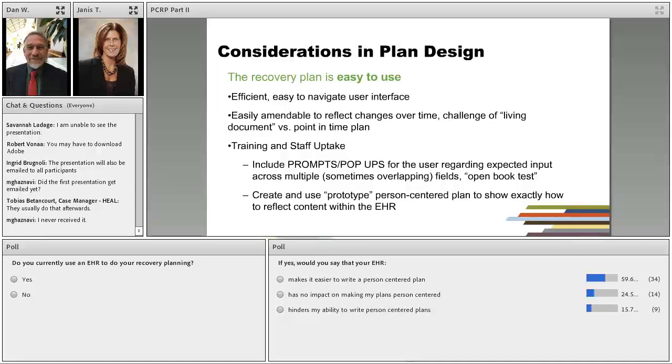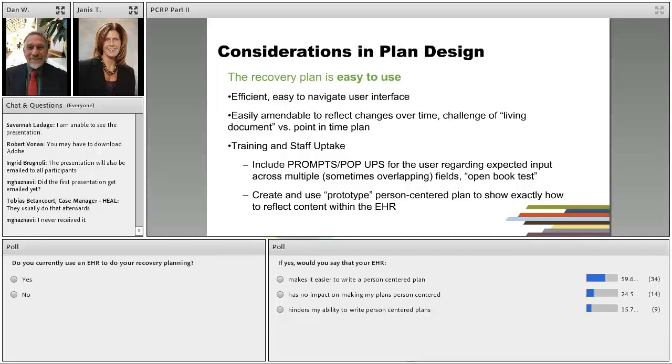So the other thing, and some of this may seem obvious, but you really need it to be easy to use. In the development of the system we're looking at now, we got to one point where we think we really built in a lot of the principles of the plan, and they look really nice. The elements were there, the goal was at the top, we had strengths, I'll show you in a minute. But the navigation was such a pain. You had to click in and out of like 7 screens to do it.